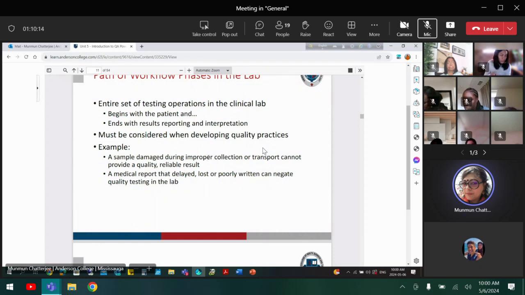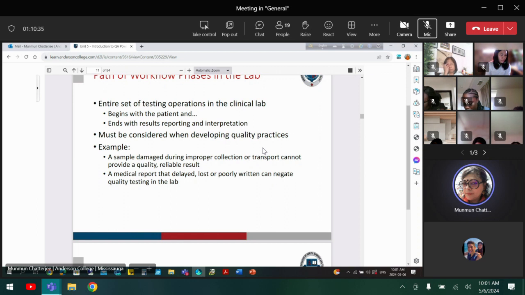No, it's not going to give you the quality result. If the blue tube is not filled properly, it's an improper collection. If you didn't send the lactic acid or ammonia samples, which need to be sent to the lab on ice within 15 minutes, it's not going to give you a quality result, so this has to be rejected.